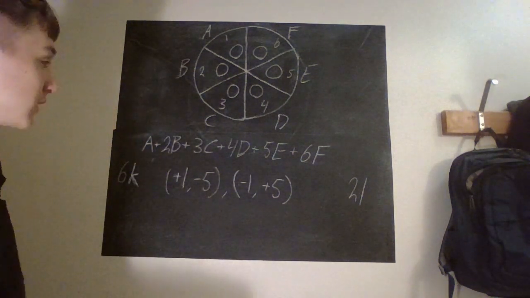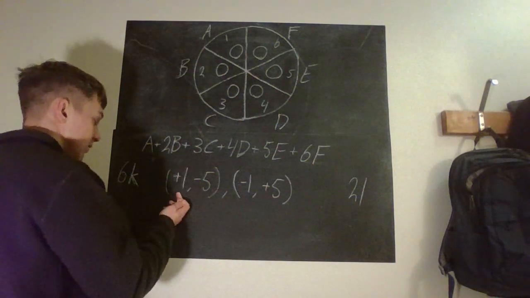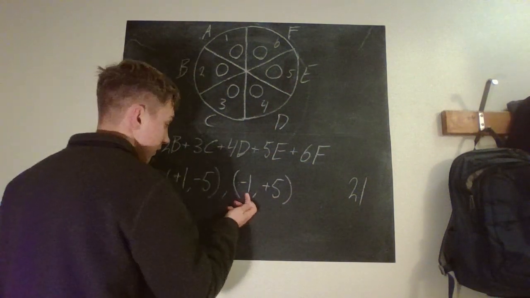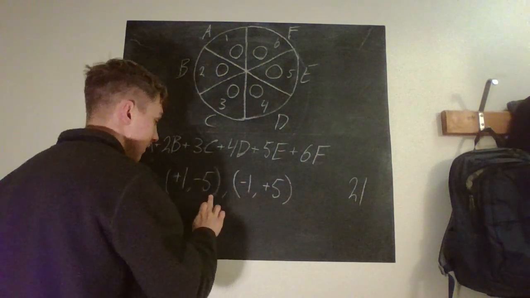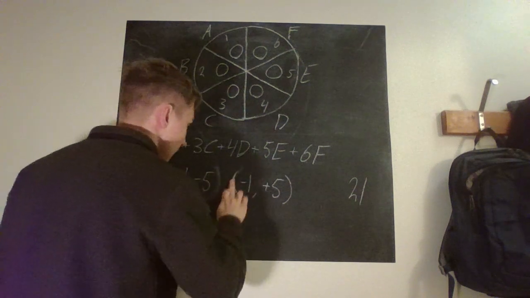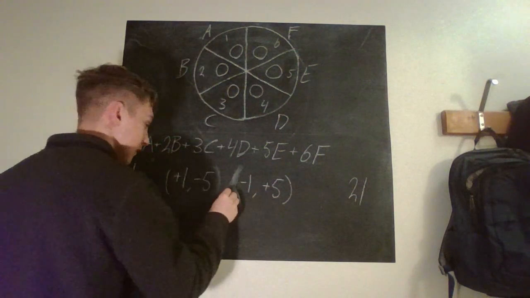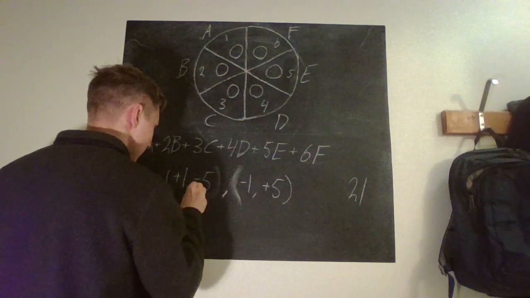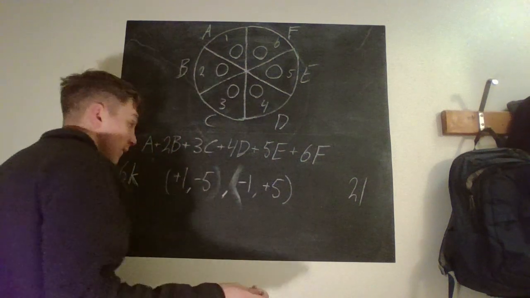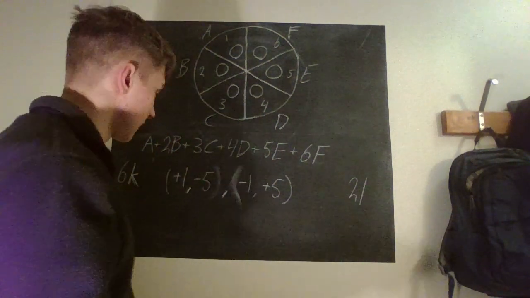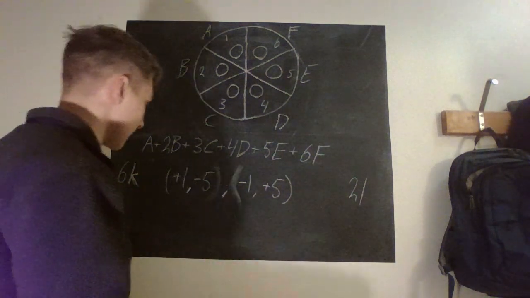For the first pepperoni, you can pick so that it adds 1, subtracts 1, adds 5, or subtracts 5. These are all valid choices. And since we're always picking 2 of these, what result can there be?